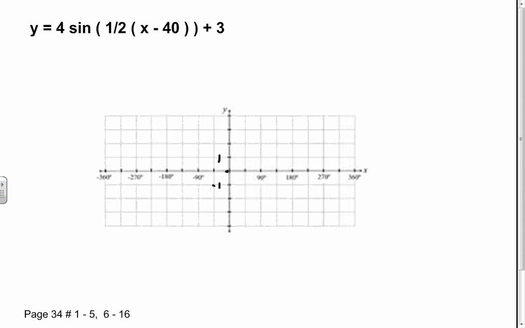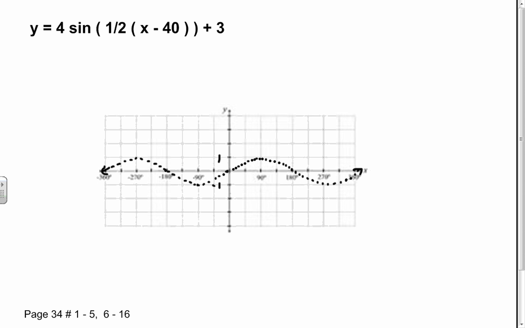Sine starts at 0, 0. It goes up at 90. There's a basic sine wave going the other way. It would be the same pattern. There we are. There's your basic sine wave.